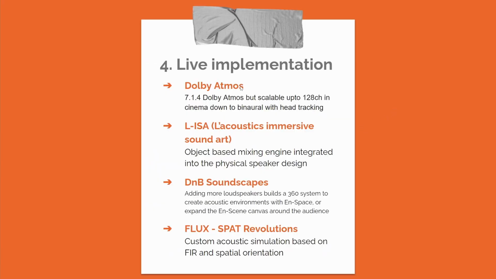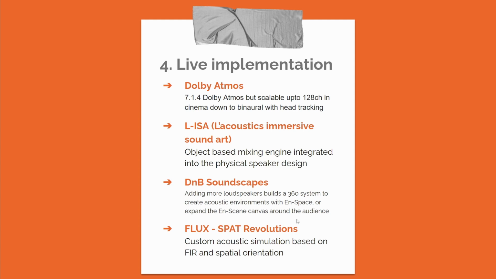So the live implementation, obviously Dolby Atmos is a very popular format, and being able to send your ambisonics into a Dolby Atmos environment is quite useful. If you are mixing in ambisonics, you can put that into a deliverable of 7.1.4 with the right decoders, because they want you to think it's exclusive and only Dolby can do it, but it's not true. L-ISA is another really good one. It uses object-based mixing to have these objects, and you can use it again with these linear wavefront synthesis speakers.